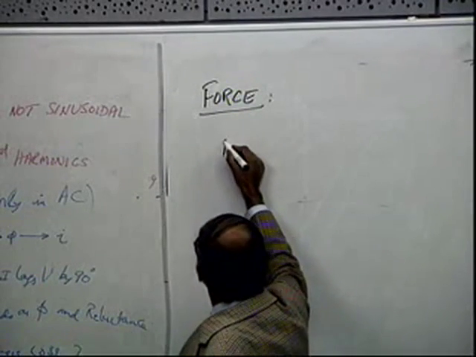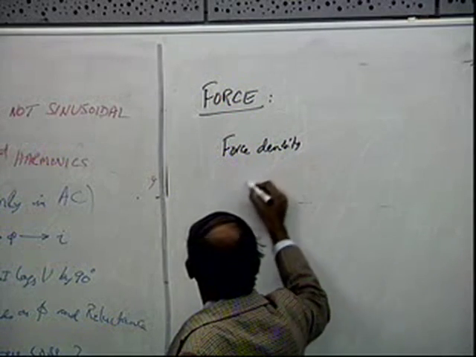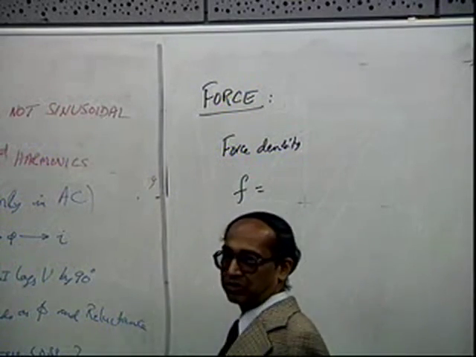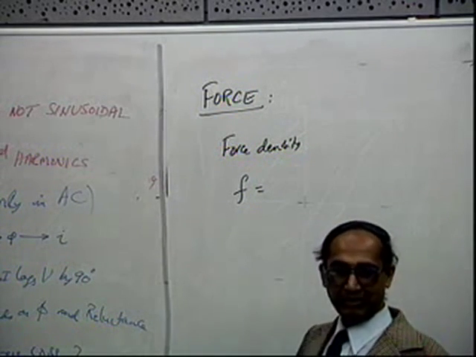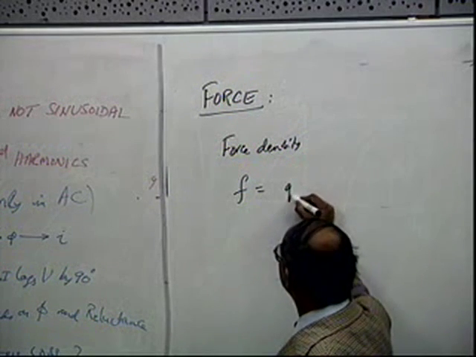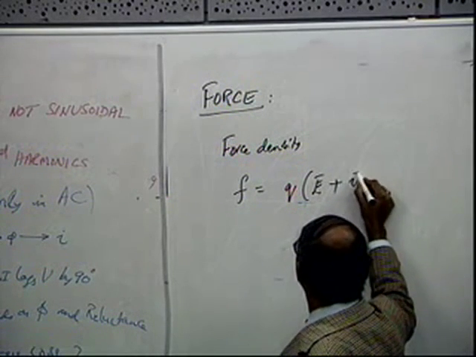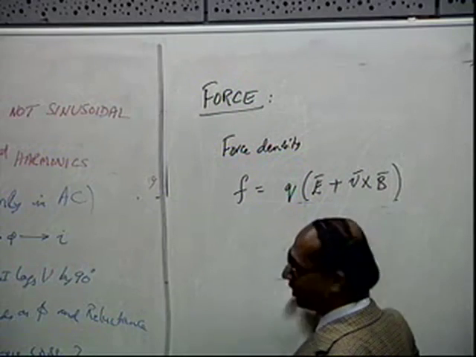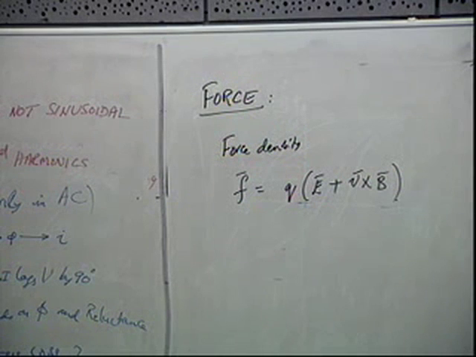The force density at any point, what are the field equations that you know? Q into E plus V cross B. This is the force at any point in the circuit.